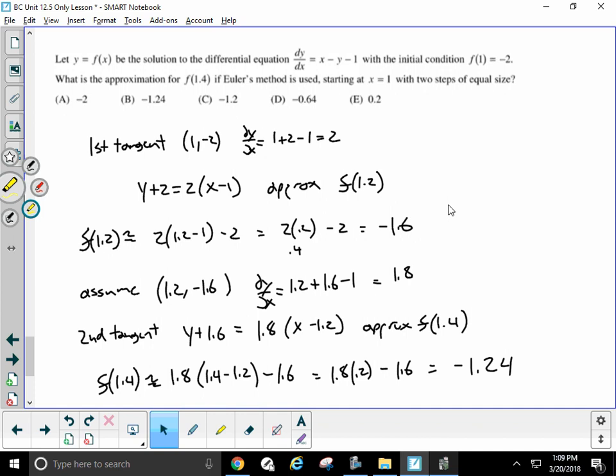Make sure your first stopping point is at negative 1.6, in terms of the y value that you get. Assume that your point, which will be 1.2 at negative 1.6, is on your function. Find its tangent slope. Create your second tangent line, and use that to approximate f of 1.4.